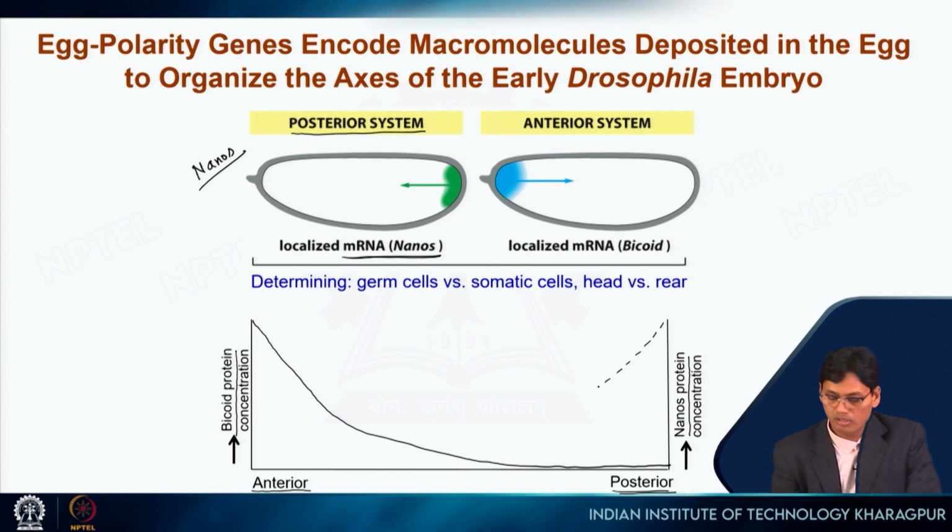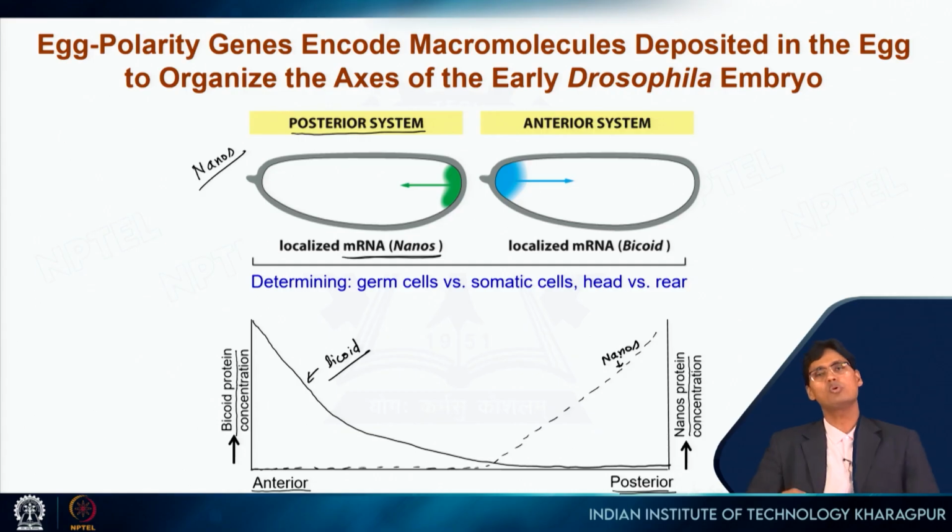I am mentioning it with a dotted line for understanding purposes, something like this. So this will be bicoid, and this is the nanos concentration.